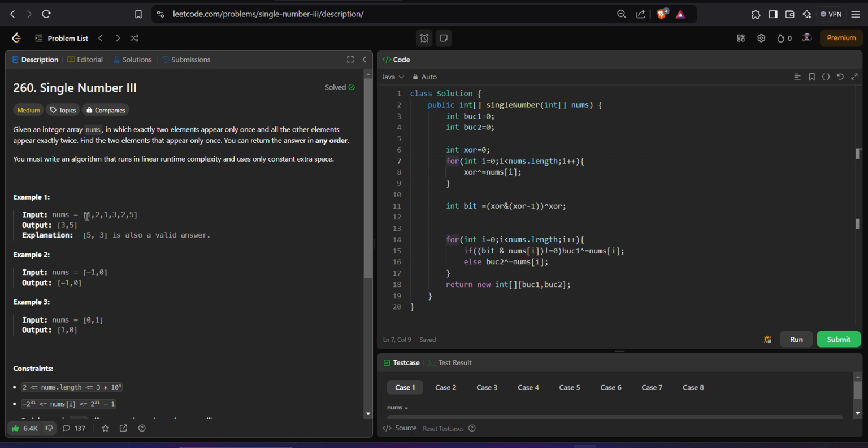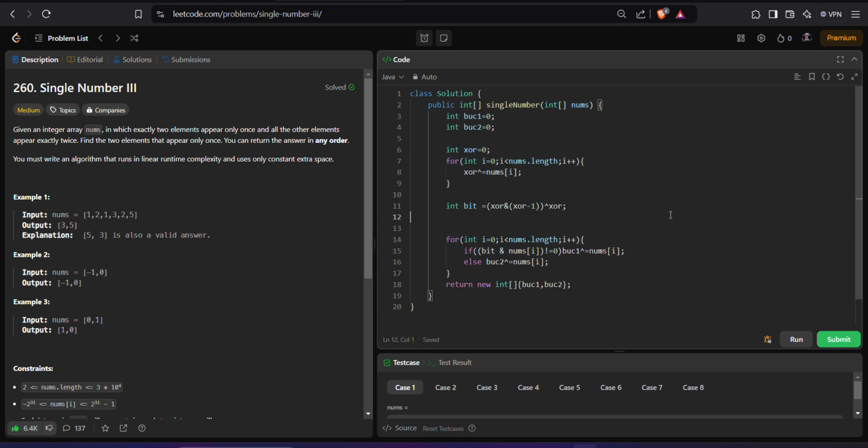And then if we XOR all the elements of both buckets individually, we will simply get the remaining two answers, one in each bucket. It's because XORing two numbers that are the same gives zero, and we use this property of XOR in determining our remaining single numbers.